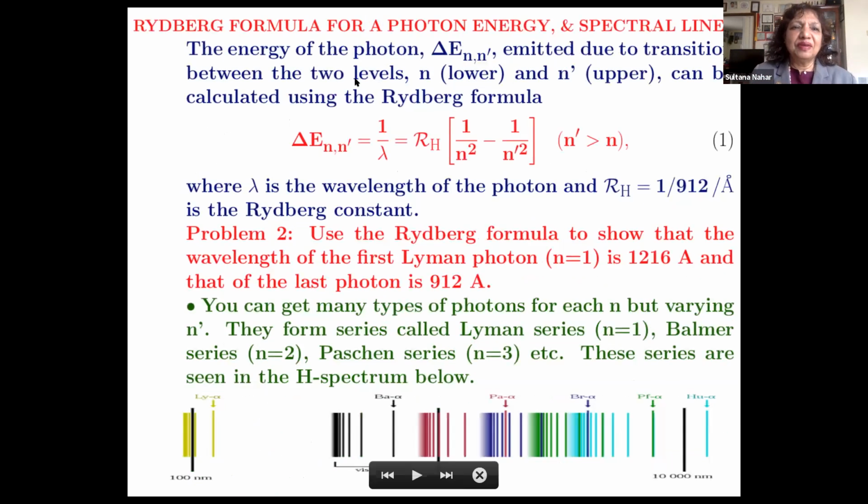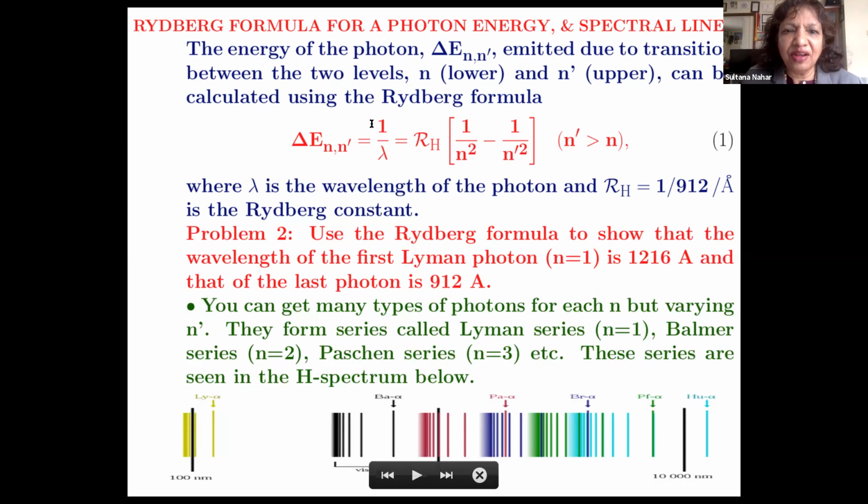The second problem. So we got all kinds of photons, but we want to know the energy of the photons, because that is what we measure in the telescope, and that is what we use to identify the element. So how do we calculate the energy of the photon?